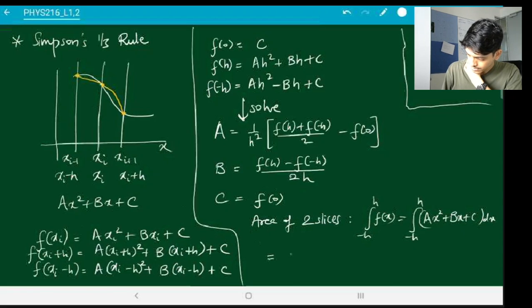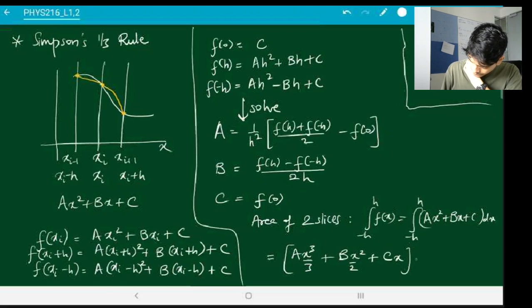Integral of x square is x cubed by 3, integral of x is x square by 2, integral of c, a constant, is just cx, evaluated from minus h to h. Now if you just plug in, first of all, of course, you will put h and minus h.